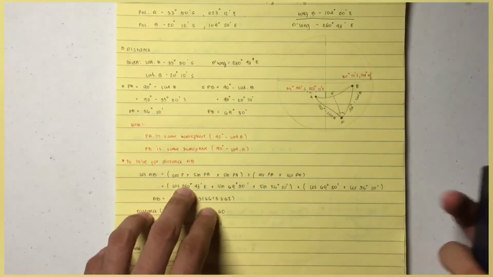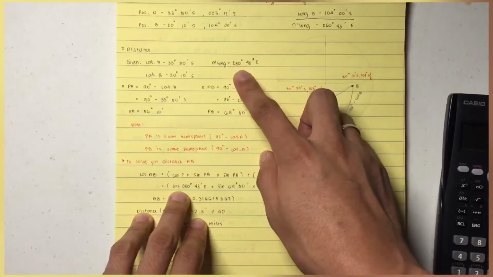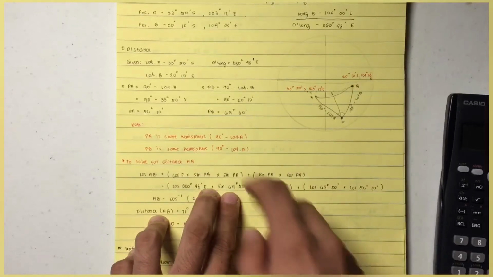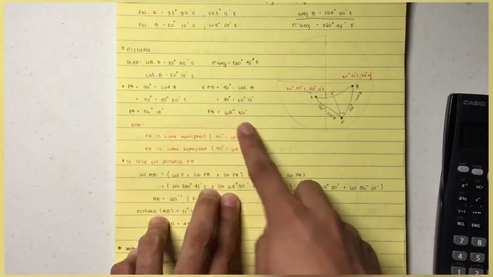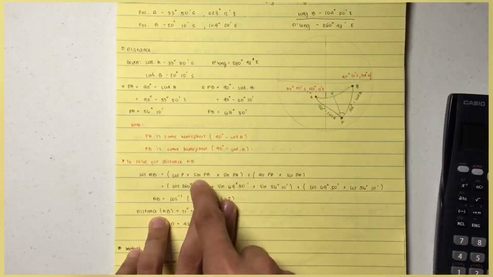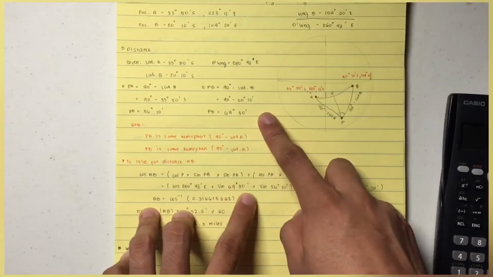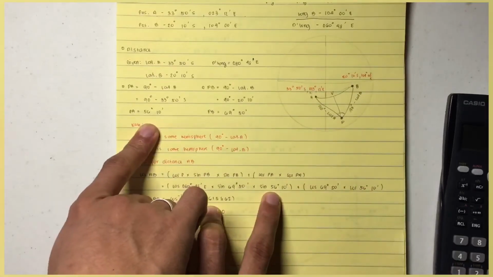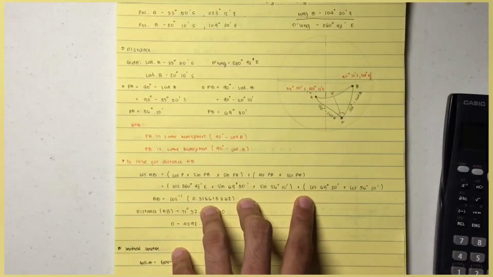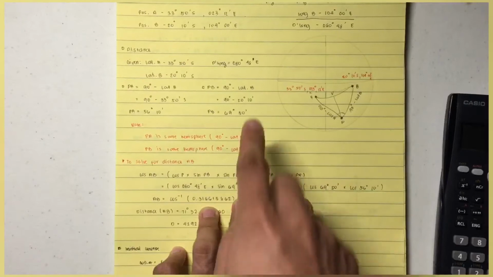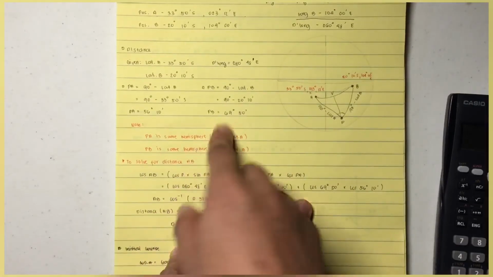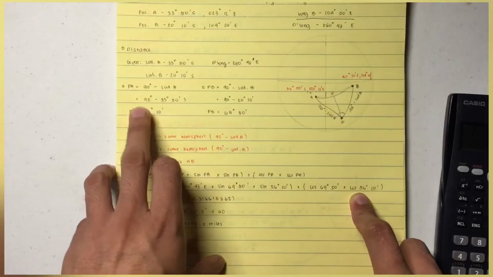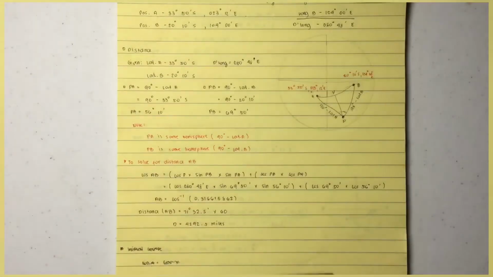So cosine AB is equal to cosine 080 degrees 48 minutes east, multiplied by sine PB, which is 69 degrees 50 minutes, and multiplied again by sine PA, which is 56 degrees 10 minutes, plus the cosine of PB, which is 69 degrees 50 minutes, multiplied by the cosine of PA, which is 56 degrees 10 minutes. So we should get our calculator.